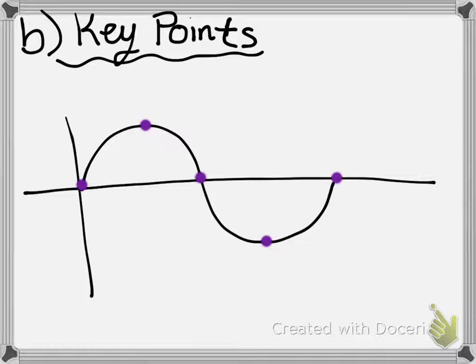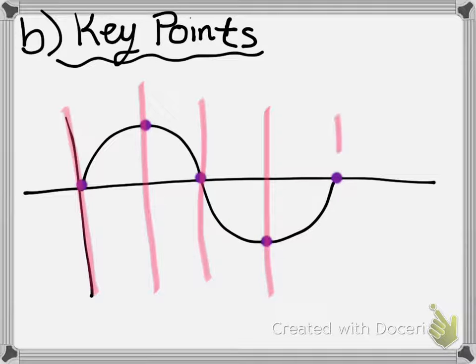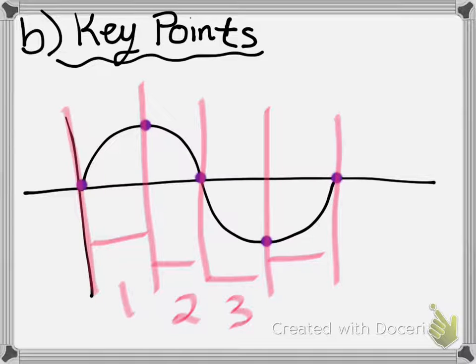And if you notice, if we cut the graph on each of those 5 key points, there are only 4 sections. 1 section, 2, 3, and 4. So the 5 points have actually cut our graph into quarters, which is really interesting.